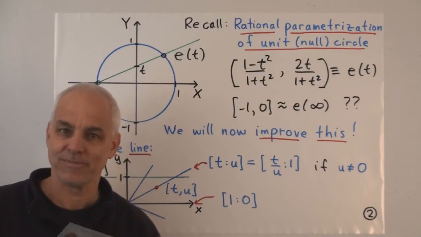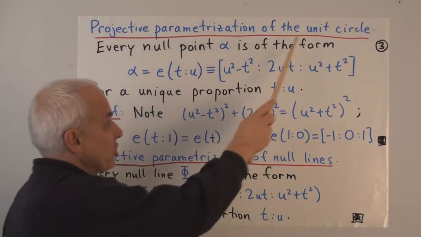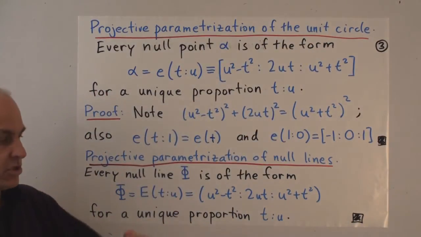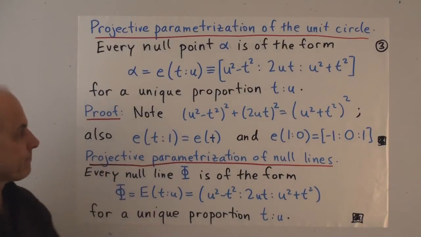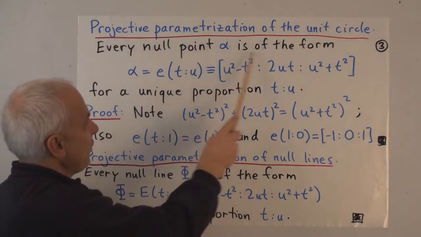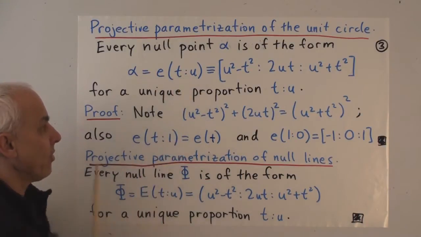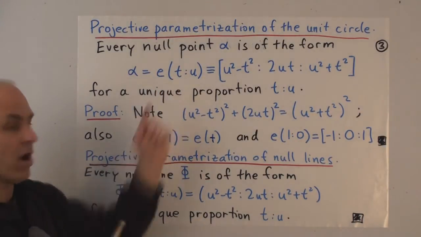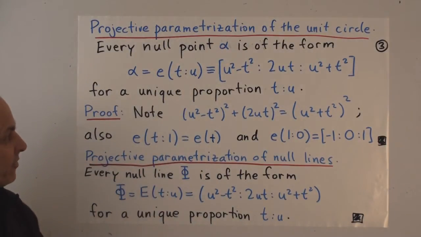So let's see how that works. Here is the projective parameterization of the unit circle, which describes all the null points. All of them now. Every null point alpha is of the form alpha equals e of t to u. This is a new object. What's inside here is a proportion of rational numbers.